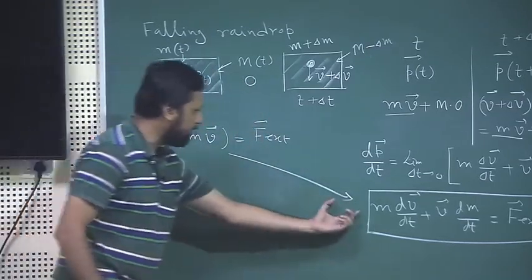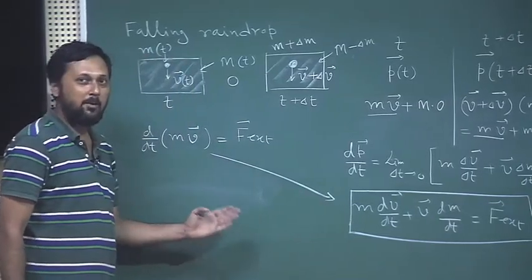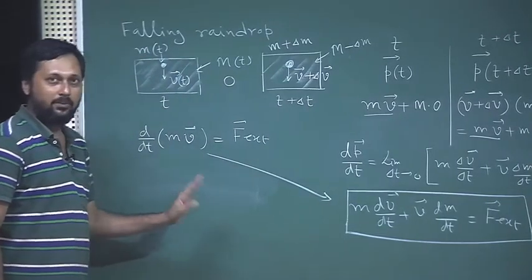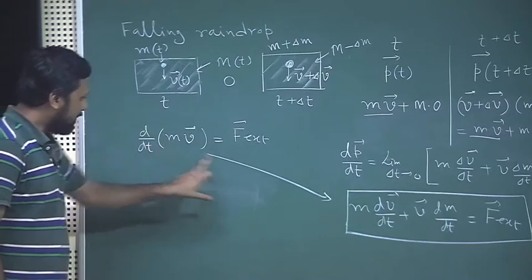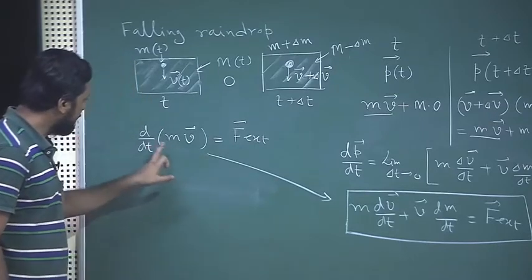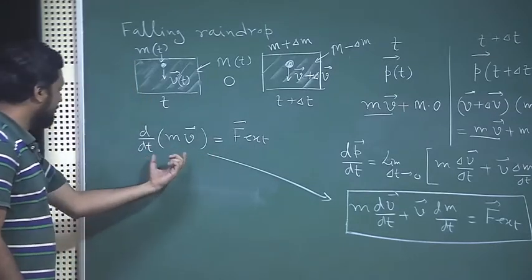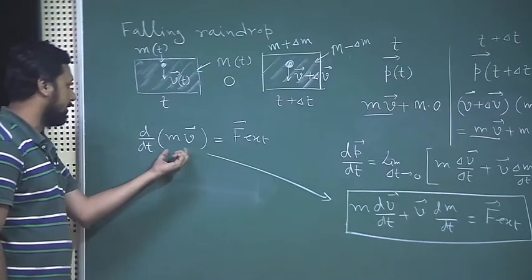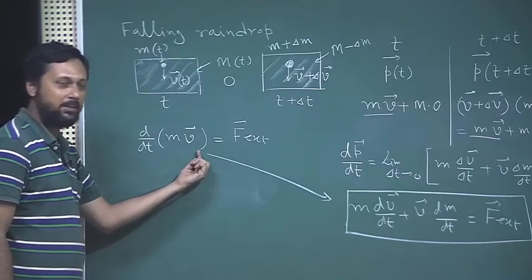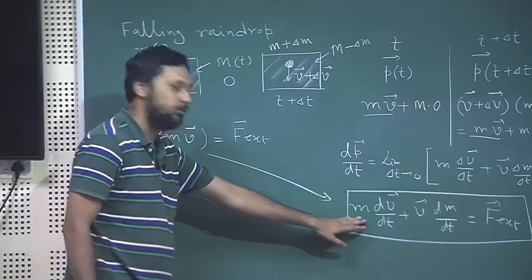So, this and this will give you the same equation. If I take a time derivative of this, this will essentially be m dv dt plus v dm dt equal to f external, which is identical to this equation.